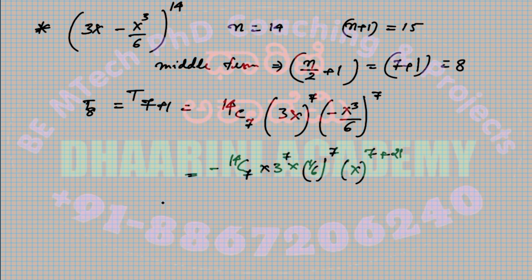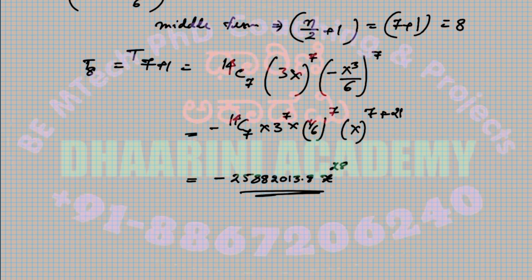Okay, just simplify. So the answer is minus 2582013.8 x^28. Okay. That is the answer. Okay, next.